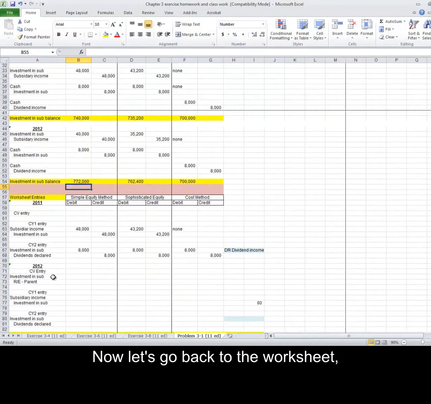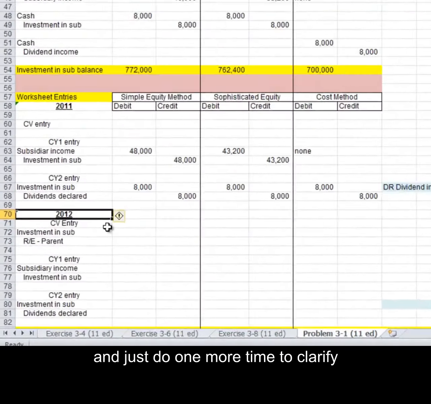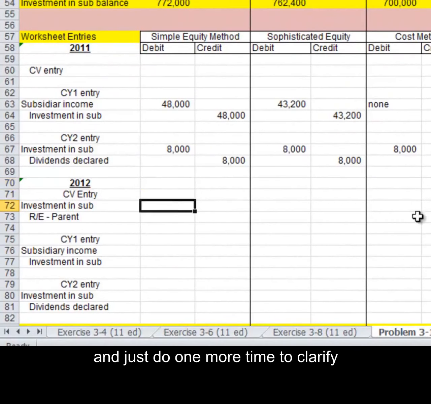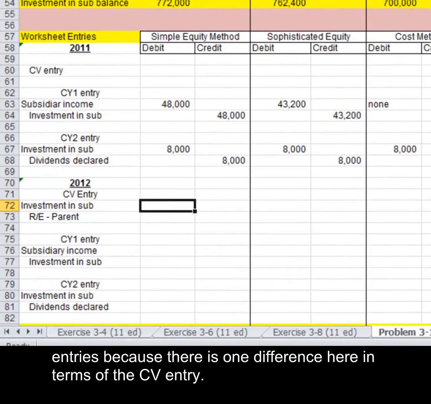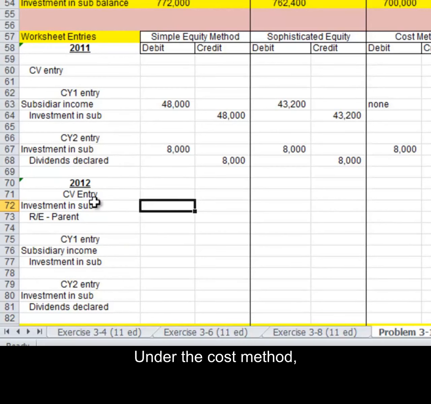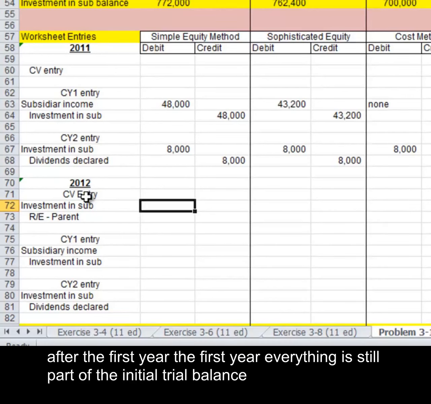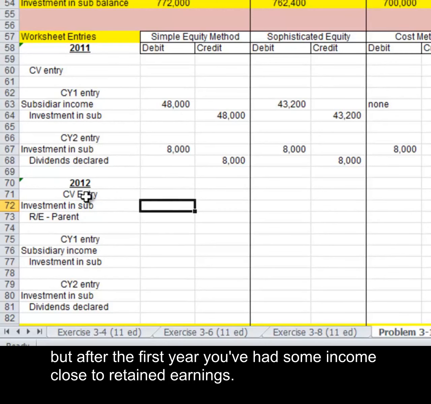Now let's go back to the worksheet and just do one more time to clarify the 2012 entries because there is one difference here in terms of a CV entry. Under the cost method, after the first year everything is still part of the initial trial balance, but after the first year you've had some income close to retained earnings.